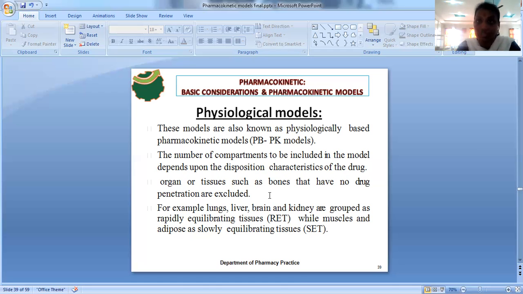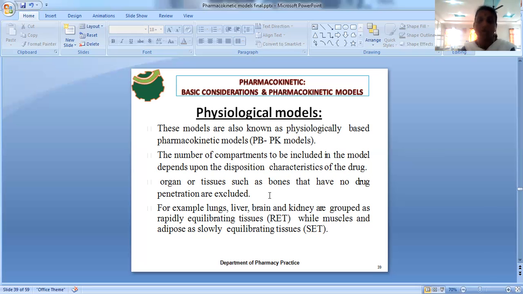Only the tissues which have blood flow, penetration or perfusion rate are considered under physiologically based pharmacokinetic models. Based upon this concept, bones, some muscles and nails do not have any blood flow, perfusion rate or penetration.